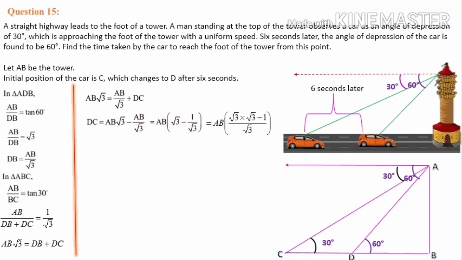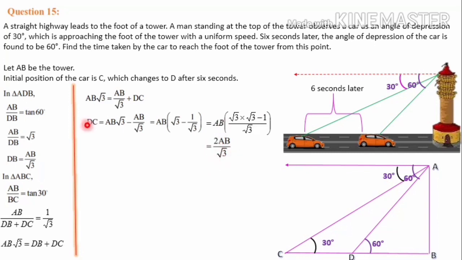That is AB into, taking root 3 as the common LCM, root 3 into root 3 minus 1 by root 3. Here root 3 into root 3 is 3, 3 minus 1 is 2, and 2 into AB is 2AB. So DC is 2AB divided by root 3.